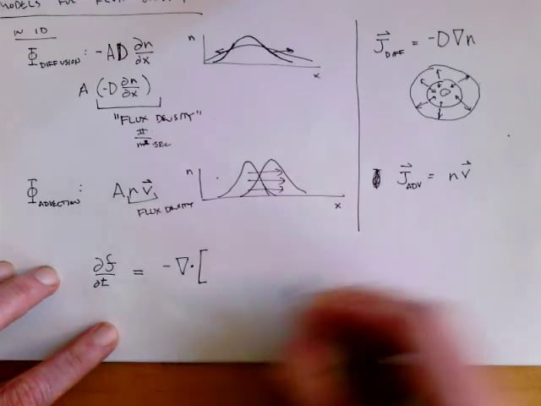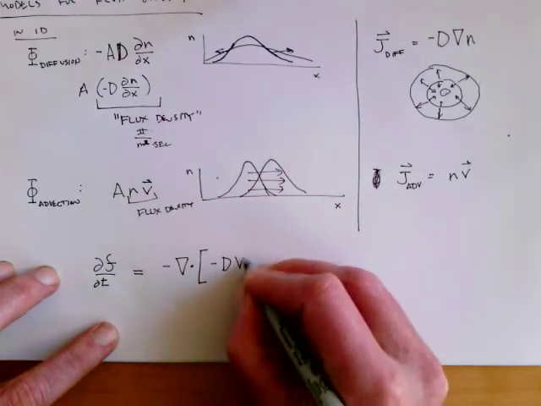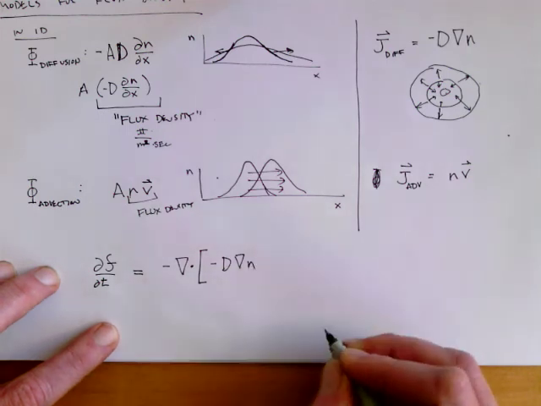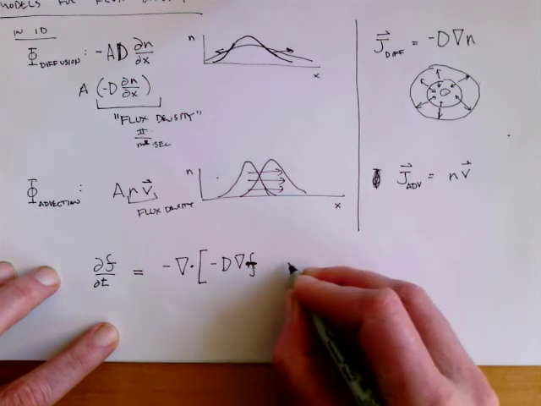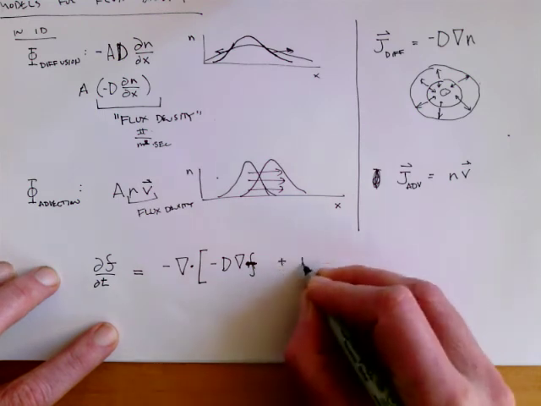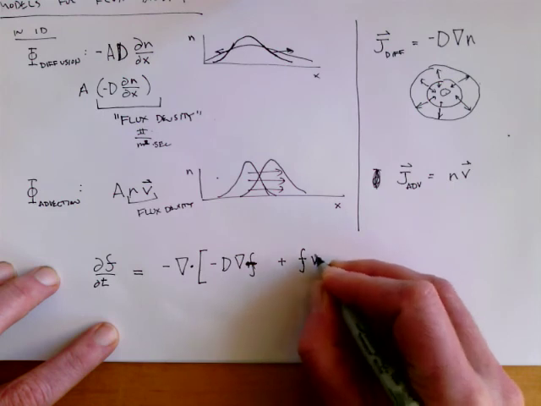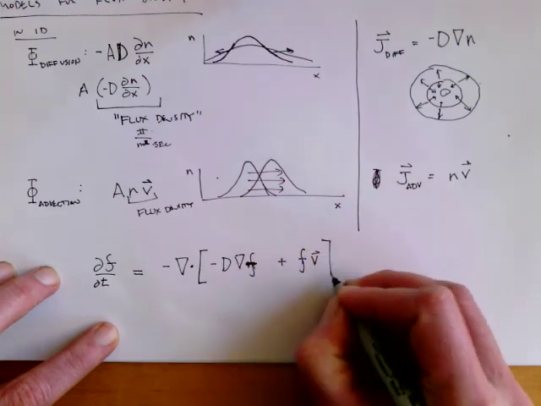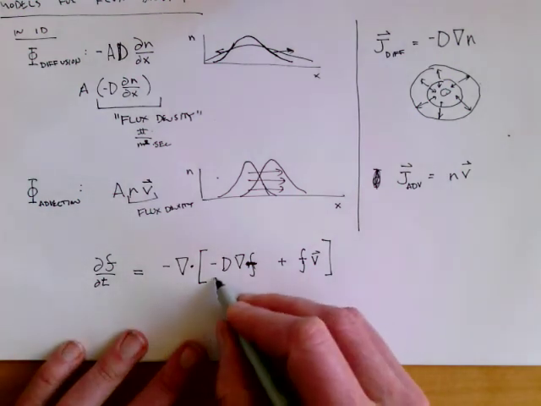Well, the flux density contains two terms. One is minus the diffusion constant times the gradient of the concentration, and that should be F, since I've got an F on the left-hand side. And the second term would be the concentration of whatever the quantity is times the velocity that the medium is moving at. So we end up having two terms.